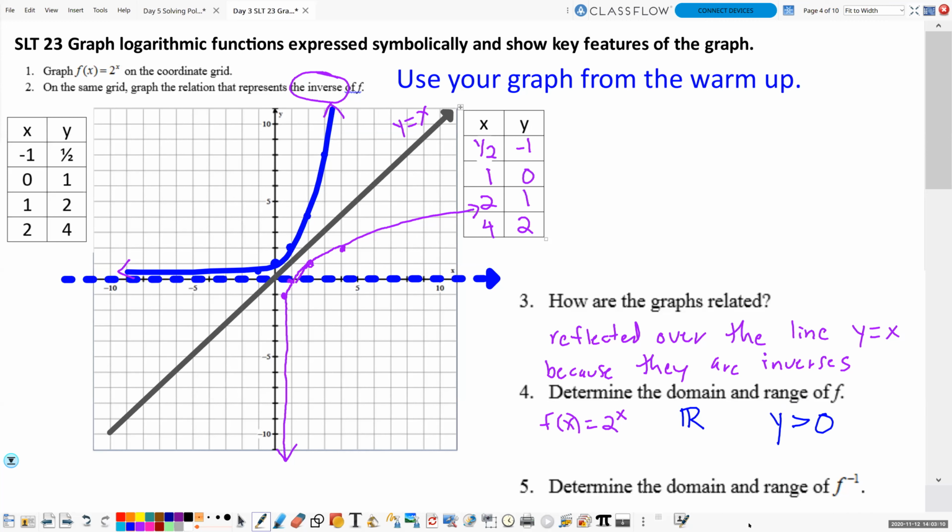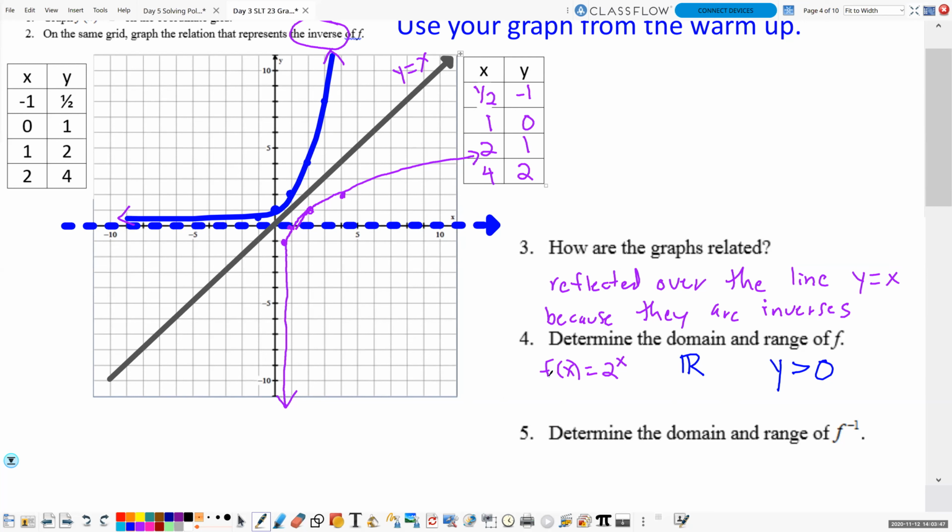Okay. So now number 5 is asking us for the domain and the range of the inverse function. So this purple inverse function, again, I want you to go ahead, pop open your chat, type the domain, but do not press enter. Press enter.